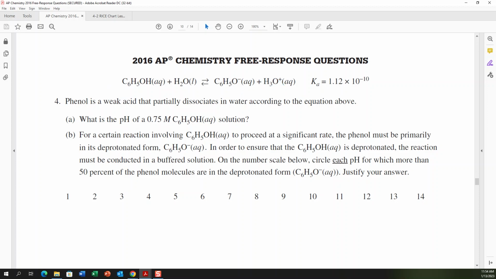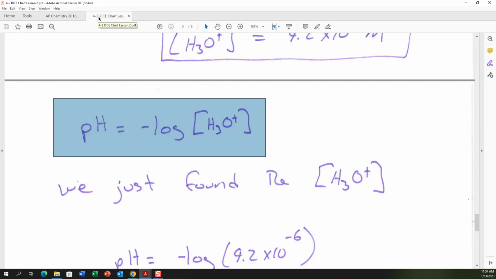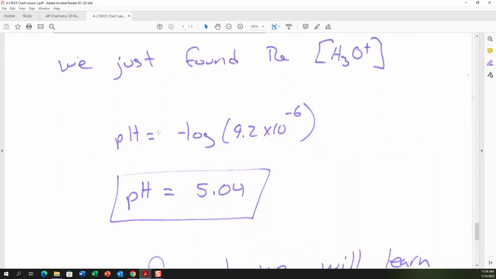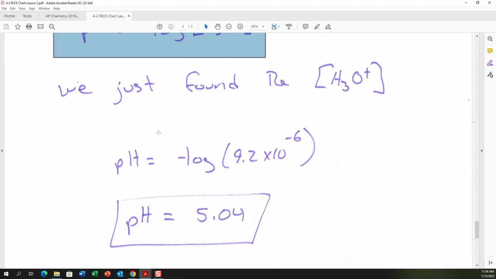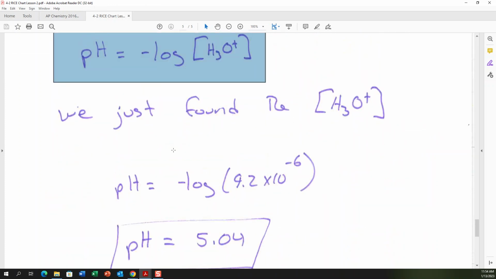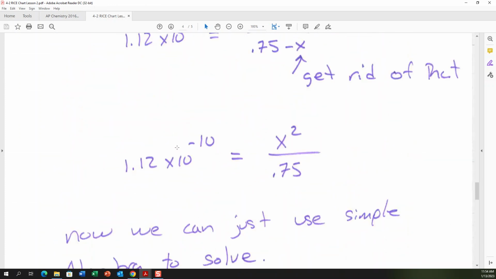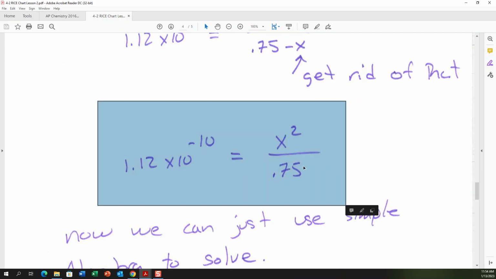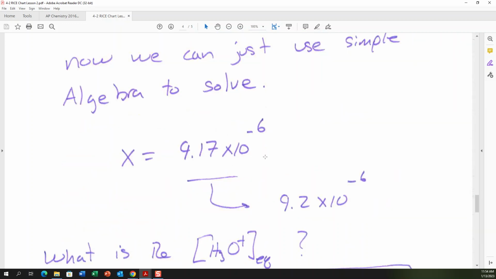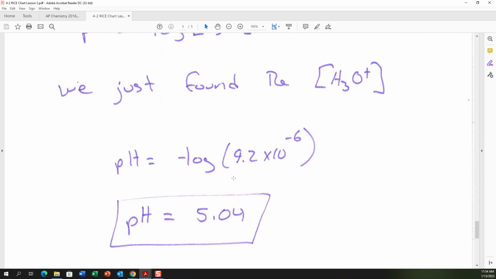Essentially, we have to do exactly what we just did in that previous practice problem. We calculate the equilibrium concentration of the hydronium ion, and then take the negative log of it to get the pH. I do my simplification, solve for x, knowing that x is the hydronium concentration, and then to get to pH, I just take the negative log of the hydronium concentration.